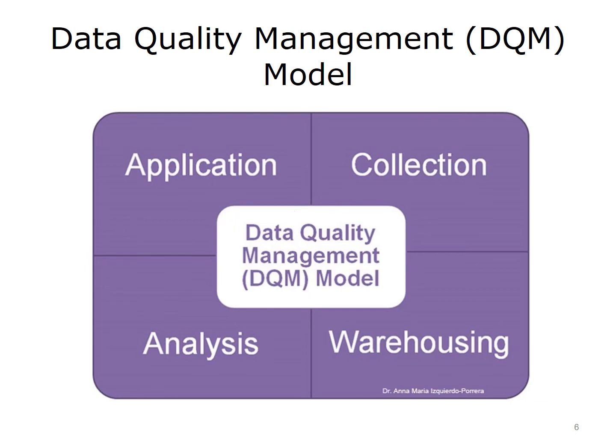The model was reviewed and adopted again in 2006 and includes continuous quality improvement in the domains of data application, collection, analysis, and warehousing. In this model, the application is the purpose for which the data are collected. The collection includes the processes by which data elements are accumulated.